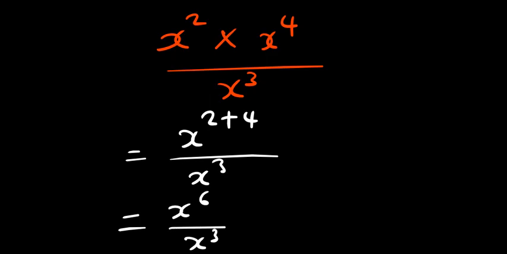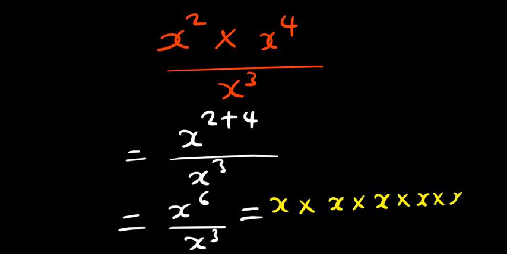Okay, so if you want now, what are you going to do? You have x to the power 6 over x to the power 3. Because they are dividing in the same base, you can subtract the powers like we always do, or expand. So if I'm going to expand this, x to the power 6 means I'm multiplying x by itself 6 times. X multiplied by x, multiplied by x, multiplied by x, multiplied by x, multiplied by x. Over x to the power 3 means I'm multiplying x by itself 3 times.